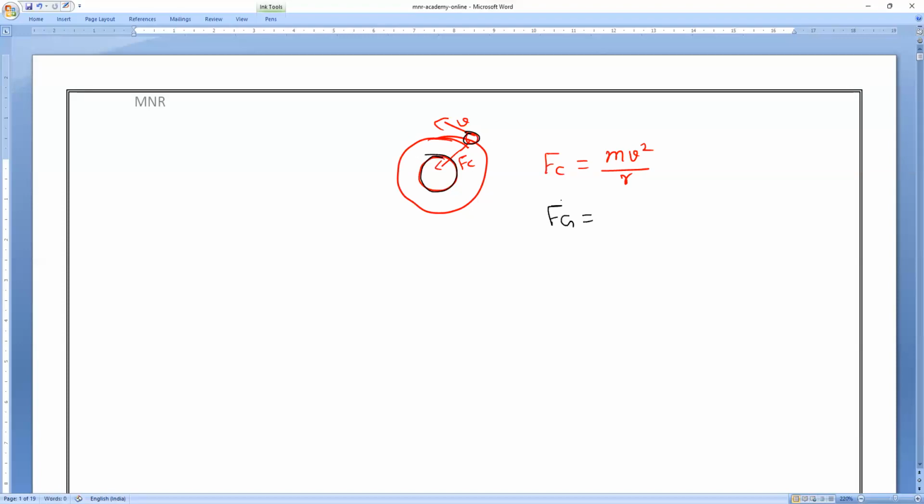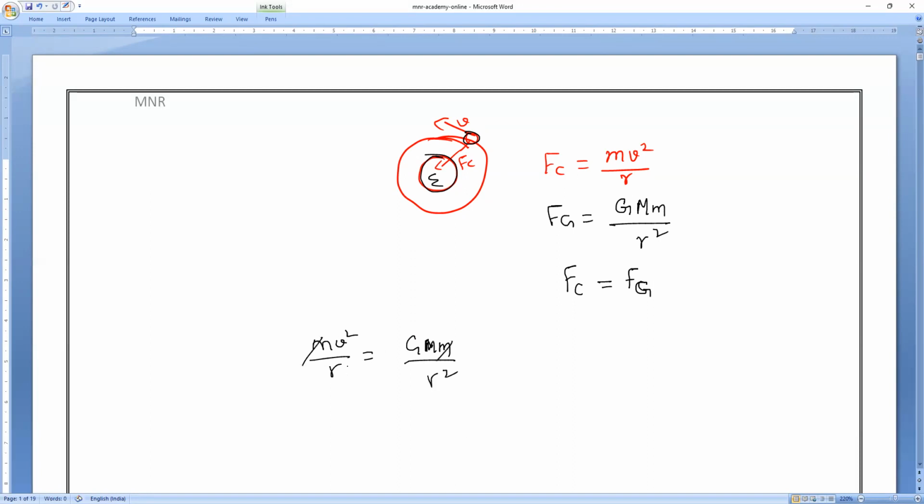So we all know that force of attraction because of gravitation between the two bodies is equal to capital G into capital M into small m divided by the distance between the two bodies from their centers. Gravitational force is only providing the centripetal force, so centripetal force is equal to gravitational force. So mv square by r is equal to GMm divided by r square.